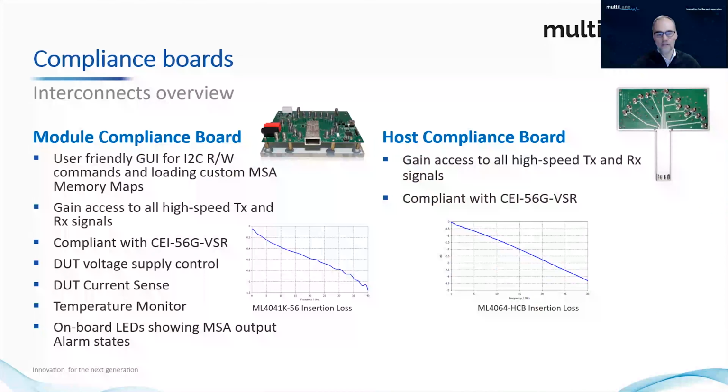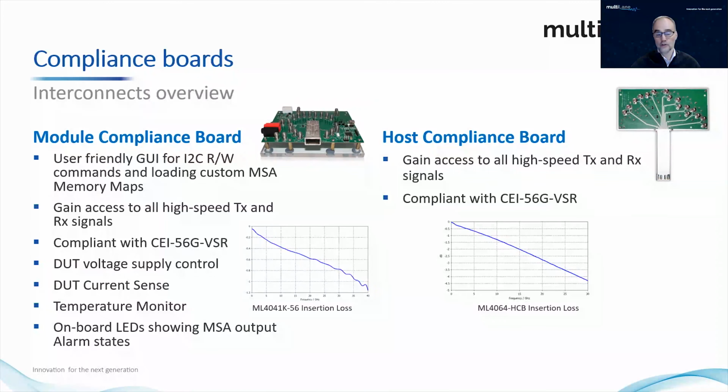A module compliance board comes with a software interface that allows you to read and write commands, and allows you to load custom memory maps to your transceiver. It also provides access to all the high-speed transmitter and receiver signals.